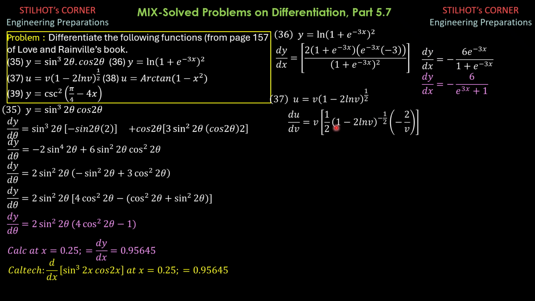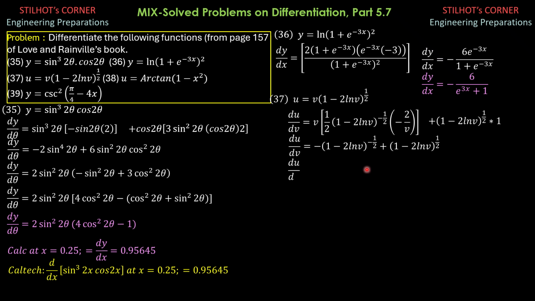Then plus 1, quantity 1 minus 2 ln v to the 1 half times 1. So simplifying, this is negative 1 minus 2 ln v, negative quantity 1 minus 2 ln v to the negative 1 half plus 1 quantity 1 minus 2 ln v to the 1 half.